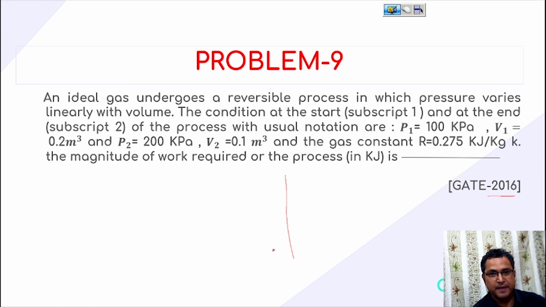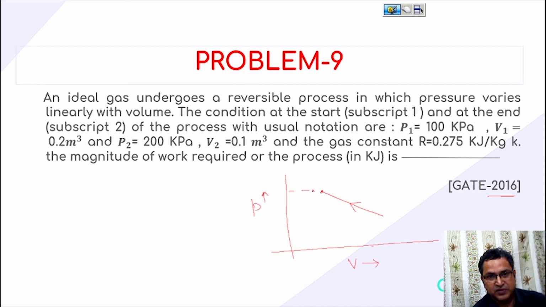Since this is the condition, pressure is 100 kilopascal, volume is 0.2, and it is a compression. So it is something like this. This is the linear variation. Here it is pressure, here it is volume, that is P2.